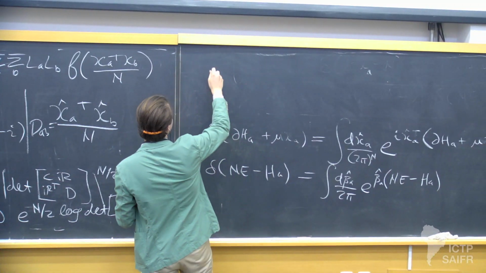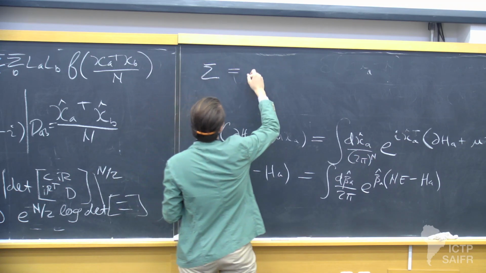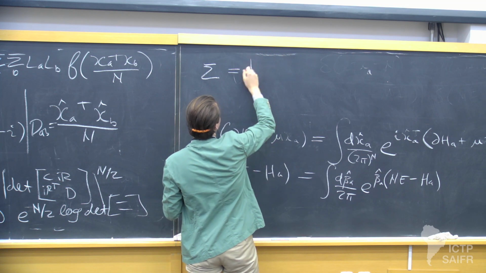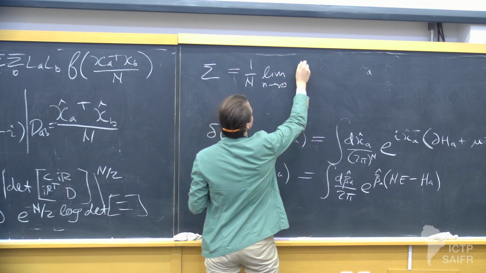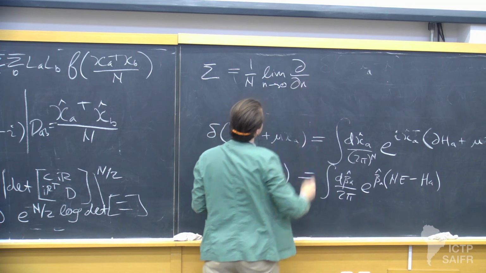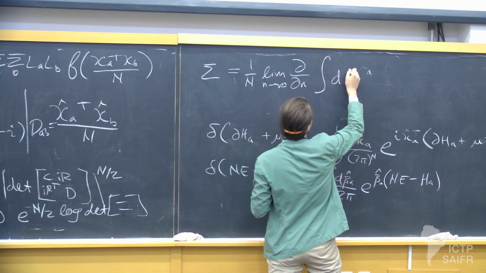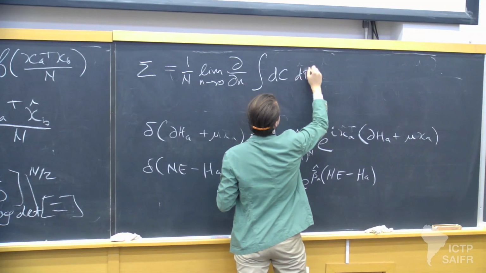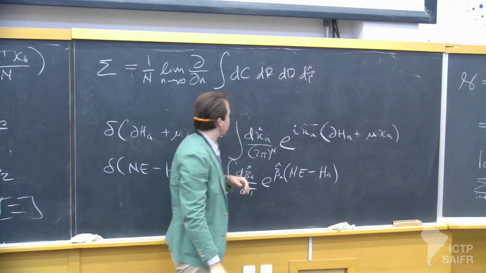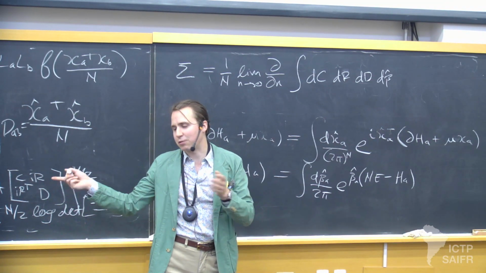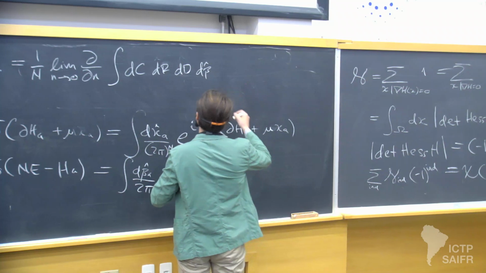So effectively what we have now is that our complexity is going to be equal to the stuff that I've thrown away a while ago, 1 over n, the limit of n to 0, the derivative with respect to little n of something I can write schematically as the integral over my order parameters, dC, dR, dD, d beta hat. First, I drop the a's. As I told you, it's not so interesting to keep them for now, but you could keep them. You'll just find they're all the same.